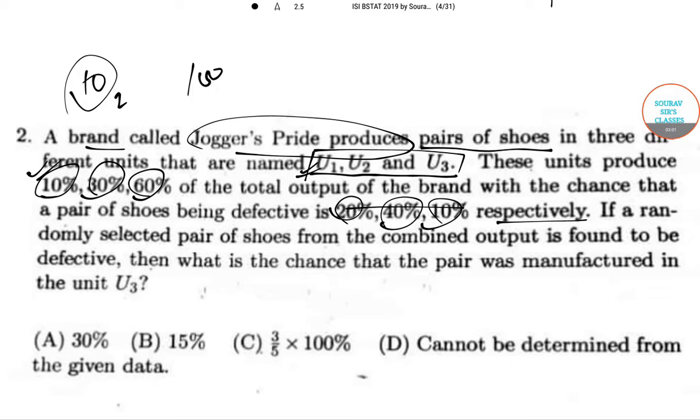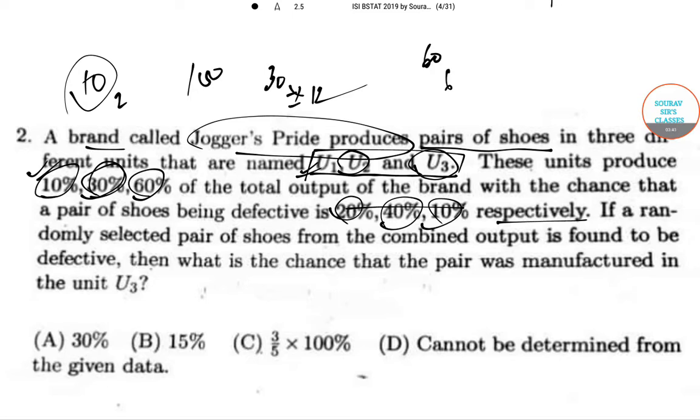In the second unit, U2, 30% of the production is done, that is 30 shoes, and 40% are defective, that is 12. In the third unit, U3, 60% of the total output is produced, that is 60 out of 100, and only 10% are defective, that means 6 shoes.